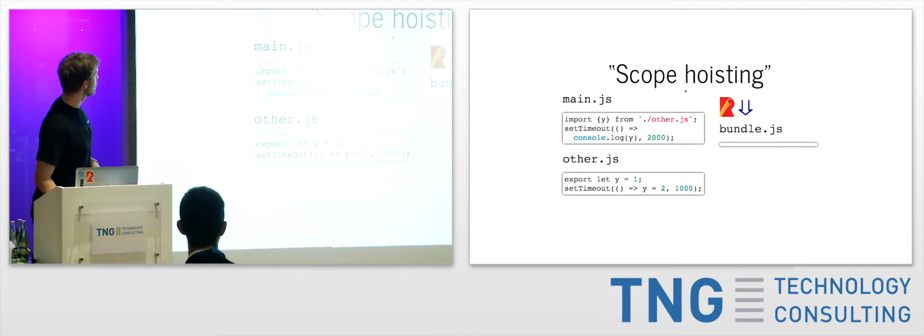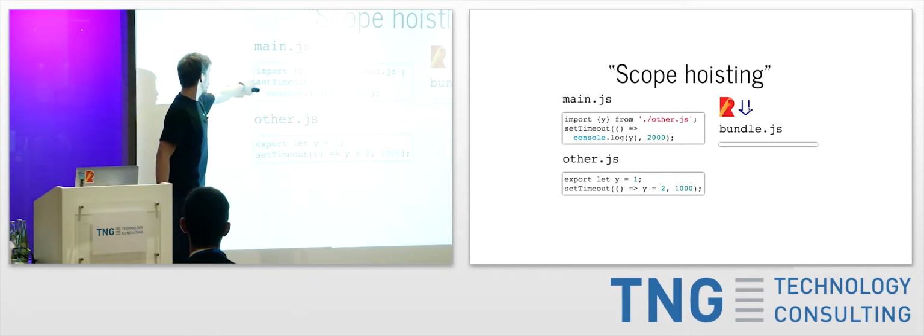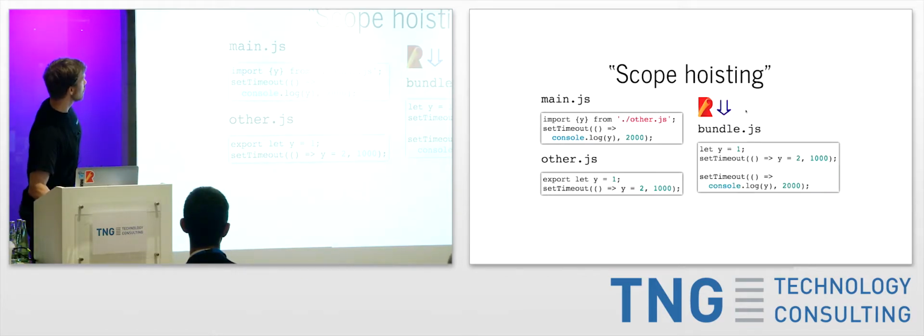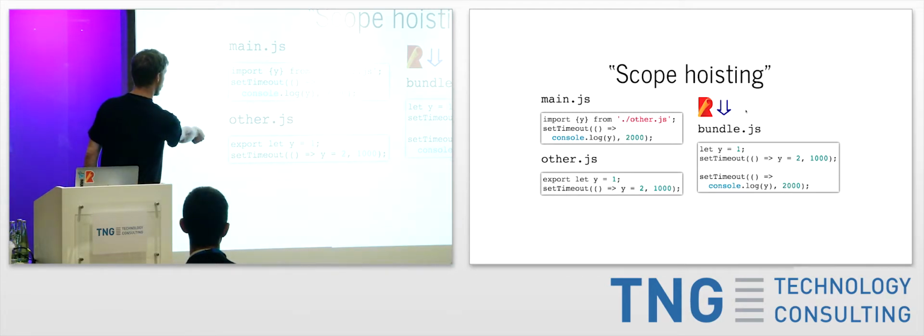Okay, here's my mouse. So when I press, so this is just the example from before. So it's the import. After 2 seconds, I log it. After 1 second, the value changes. And yeah, this is what rollup will produce. So of course, we're starting with other.js. As I told you, the import says I need to process the other file first. Those are the 2 lines from other.js.